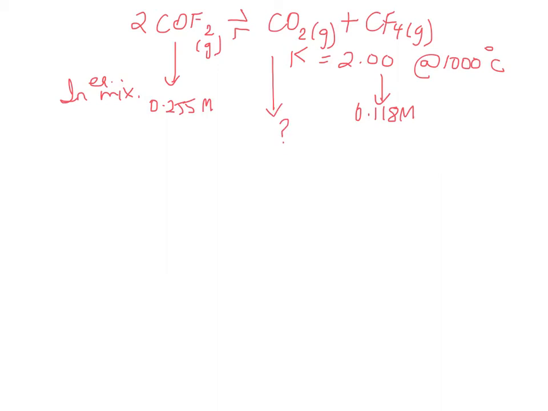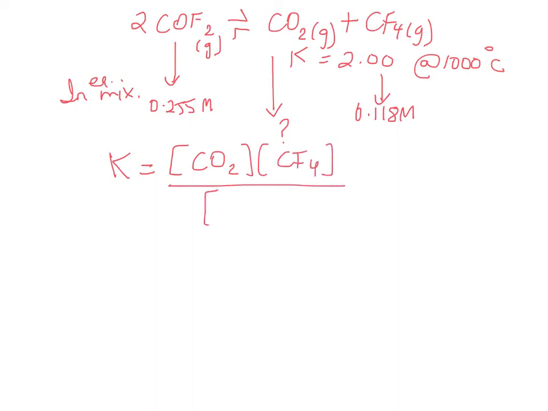So that's pretty straightforward actually if you think about it. You have been given a certain amount of information and you have been asked to determine the concentration of CO2. Everything is at equilibrium, so you should plan this using the definition of the equilibrium constant, since that is going to be equal to the concentration of CO2 times CF4, divided by COF2, square of that.